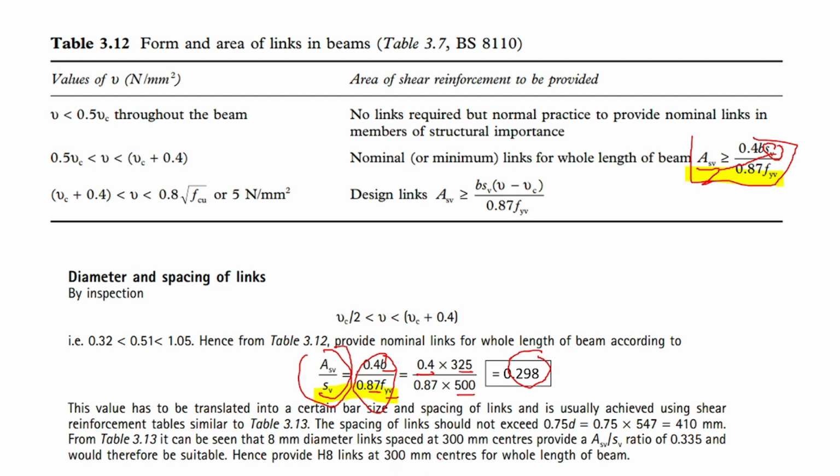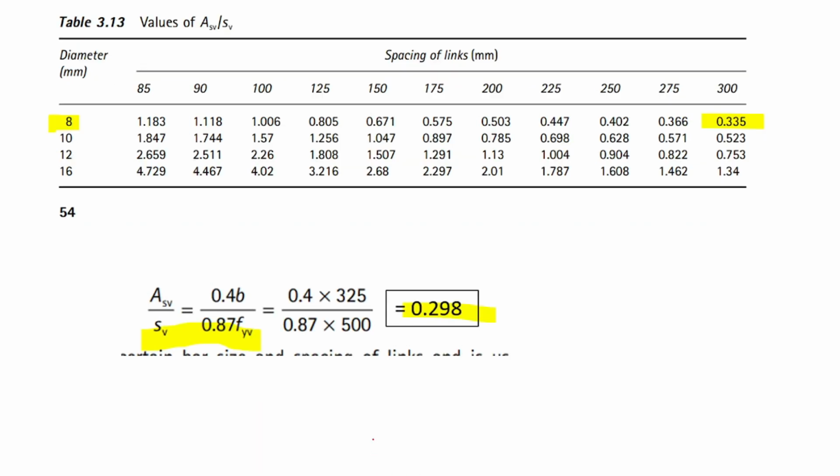Take note, the spacing of the link should not exceed 0.75 of D. You have to remember this one. In this case it should not exceed 410. This one should be the bigger value of your maximum value of your spacing. Now let us say you have 0.298 here. If we use 8 millimeter diameter from out of here, what is it that satisfies 0.298?